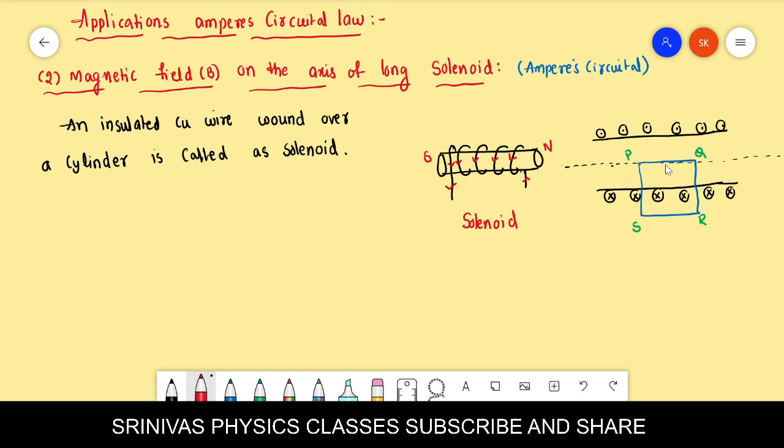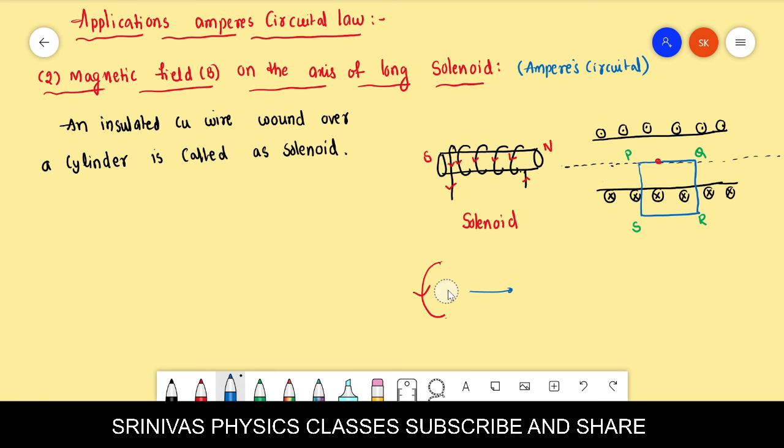Here you see what is the direction of the magnetic field at this point. For that you have to use the right hand thumb rule. The current is flowing like this, in circular form. How will the field be here?